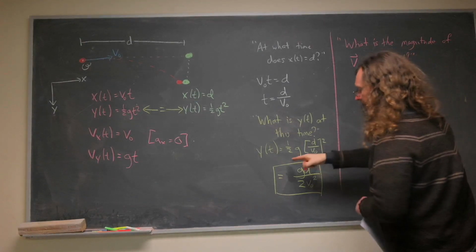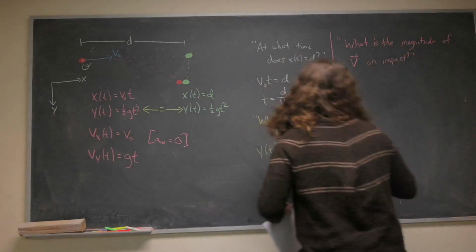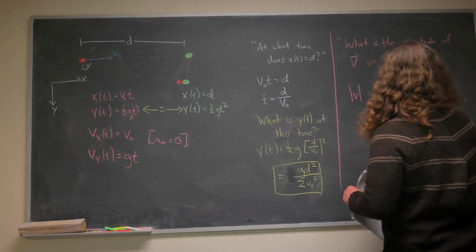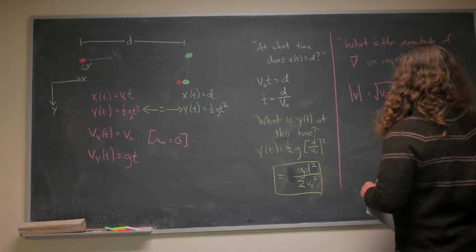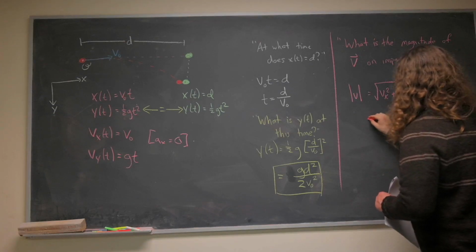And of course, impact is this time. So the magnitude of v, which we can also write like this, is the square root of vx squared plus vy squared with the Pythagorean theorem.